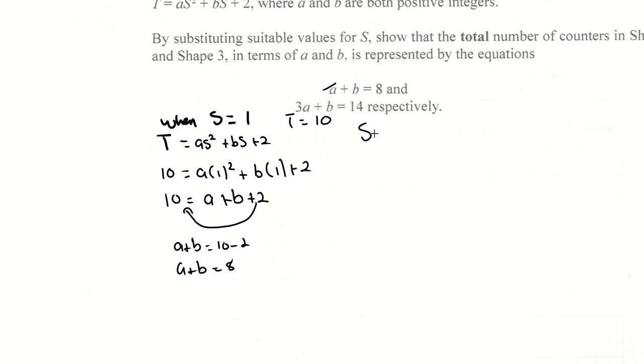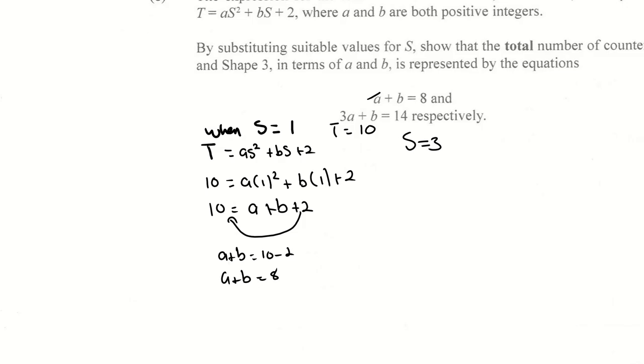When s is equal to 3, I know my total was 44. So s is equal to 3, T was 44. So my T would be, again, as squared plus bs plus 2.